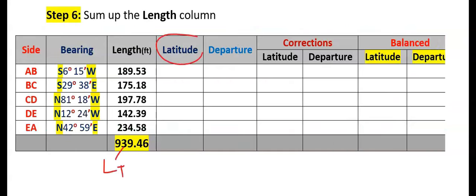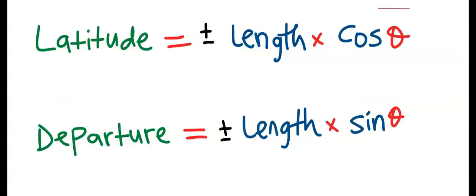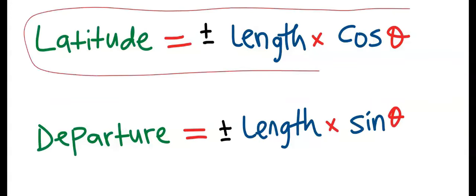Hence, to fill out the latitude, we are going to require this formula: plus or minus length multiplied by cos of the bearing.